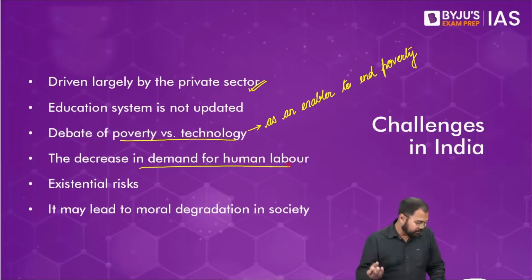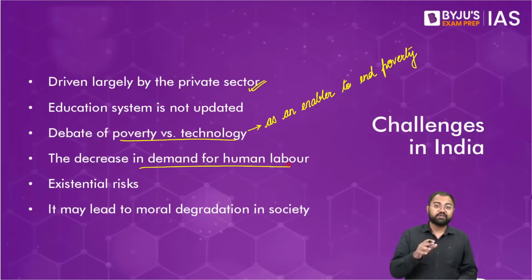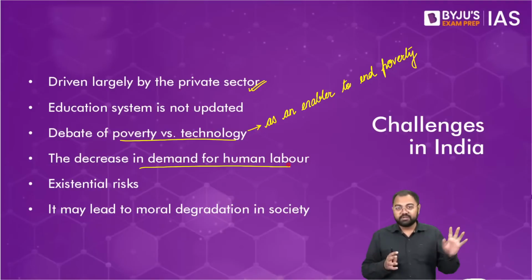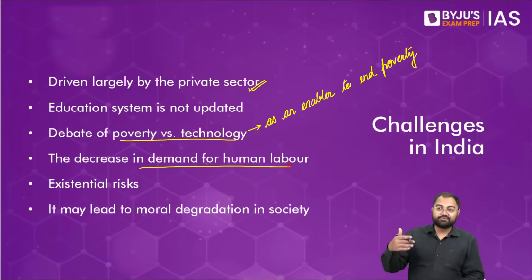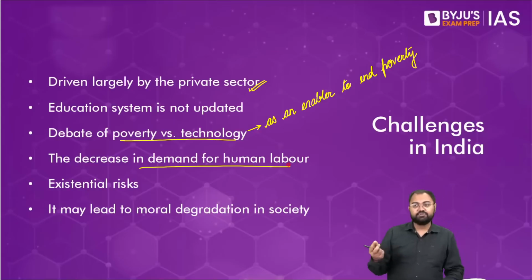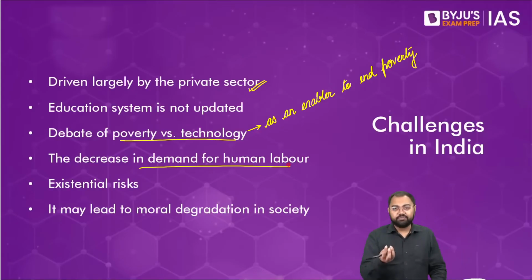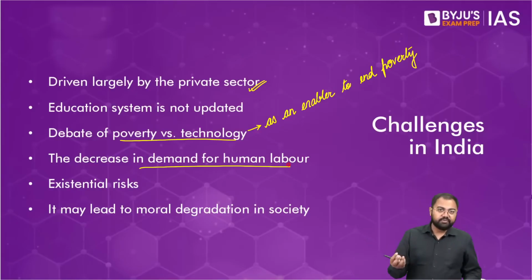There was a person who brought this case up on Twitter. He tweeted a story about how he needed to write code for a piece of software he was working on. He first went to a freelance software engineer and asked how much time he would take and how much money he would charge.